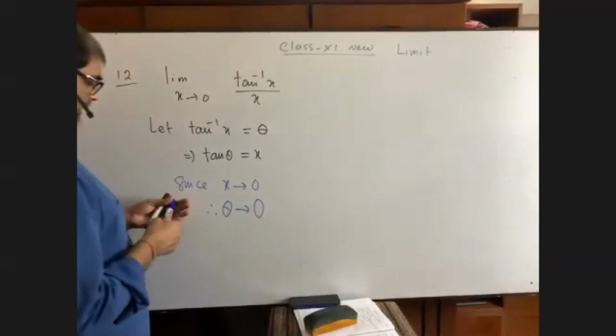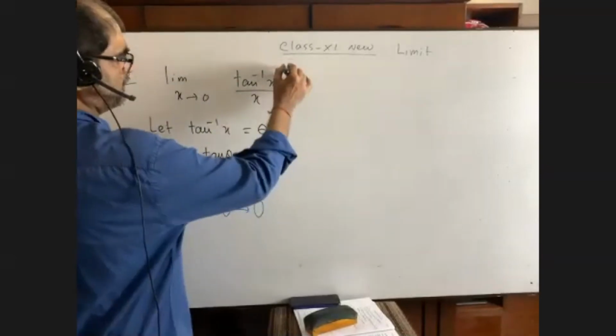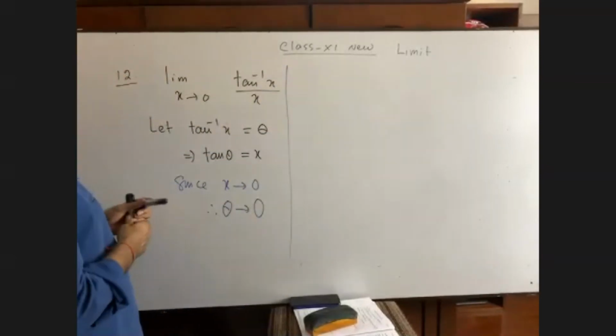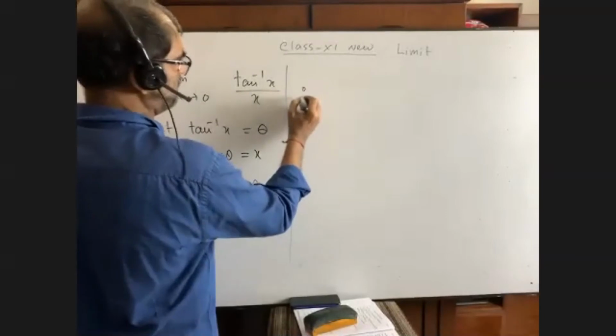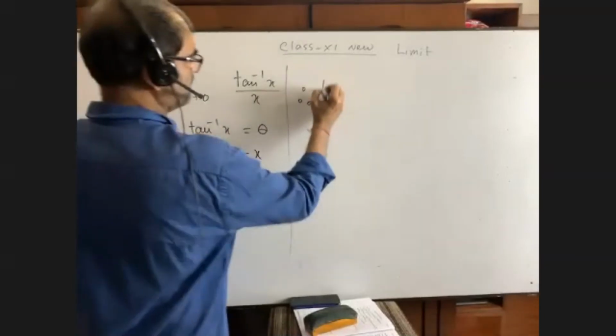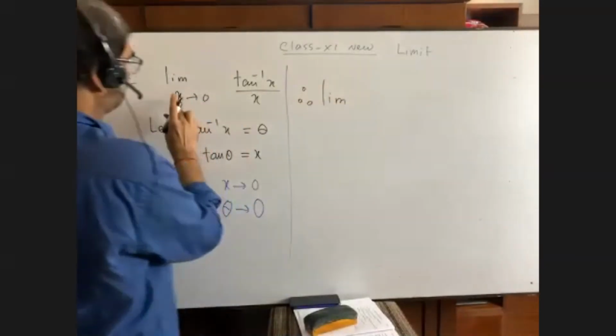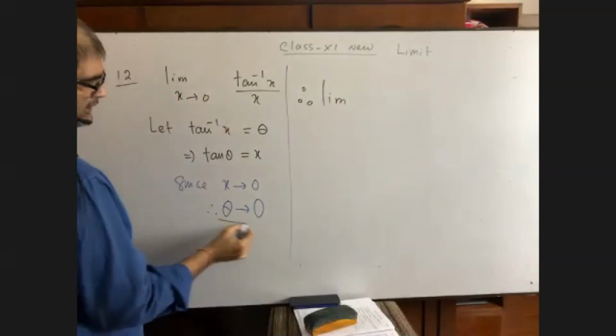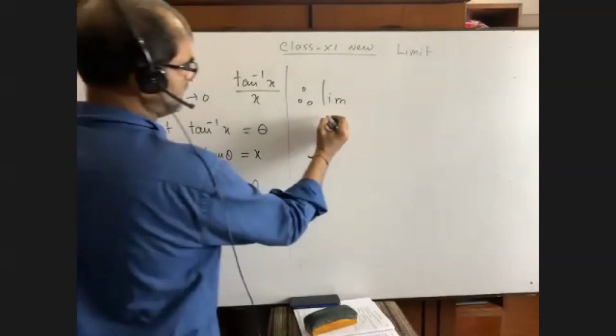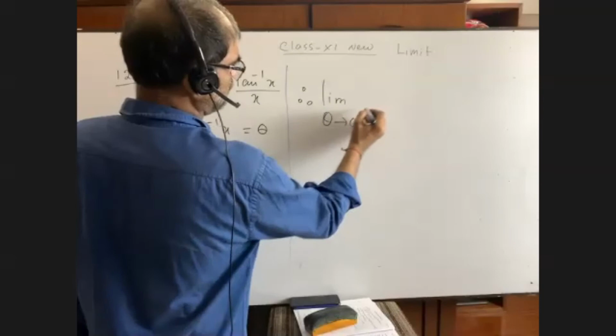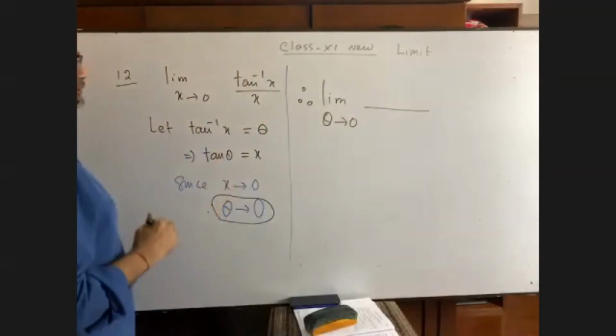Therefore, we get the math like this, you see. Therefore, limit, what should we write? X tends to 0. Now it has become theta tends to 0. Write down theta tends to 0. Put the value. What is the value of tan inverse x?